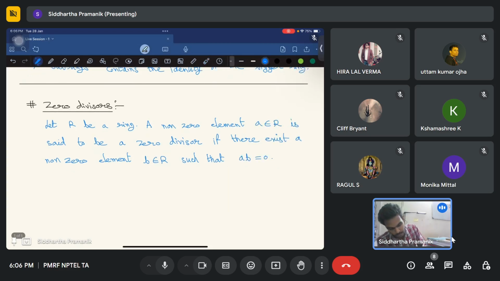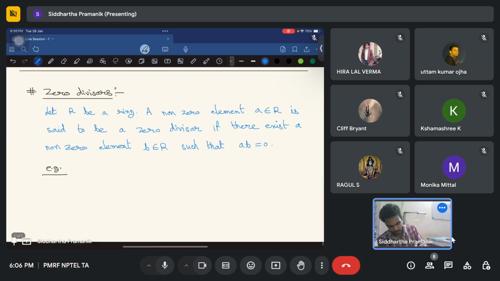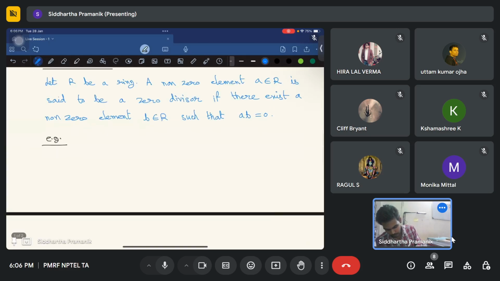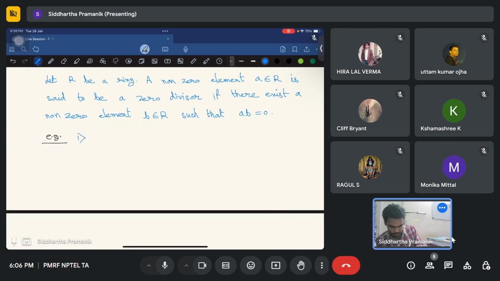So let's see some examples. Let's take R as the ring Z mod 4Z.